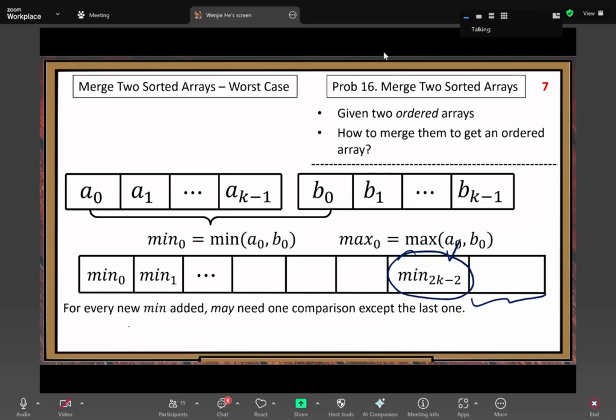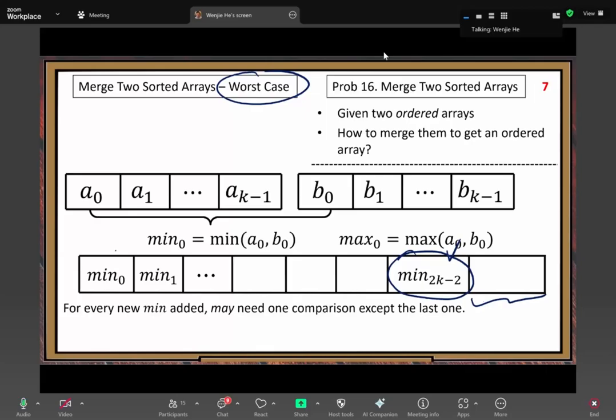Here you have the best case and the worst case. Let us consider the worst case first. Worst case means we need to consider the case that we need to do the maximum number of comparisons, not the minimum. So what's the maximum number of comparisons?